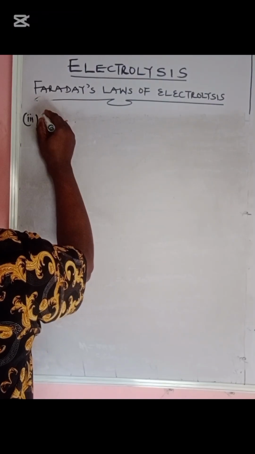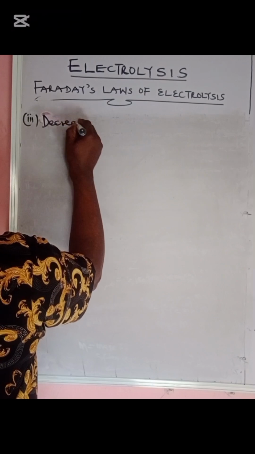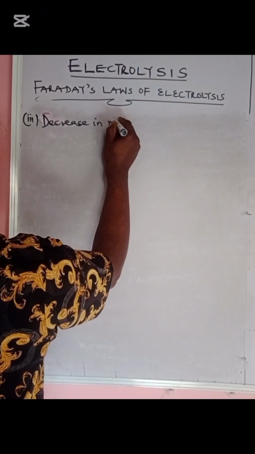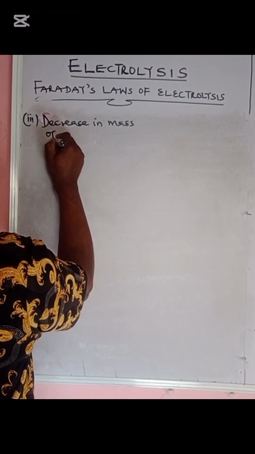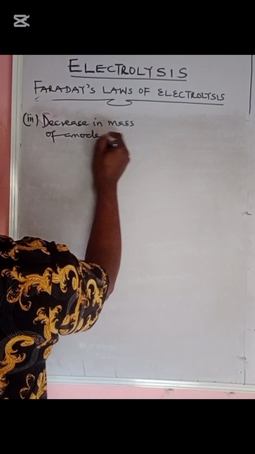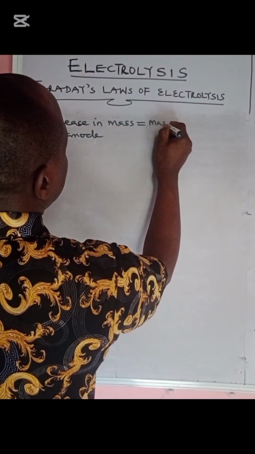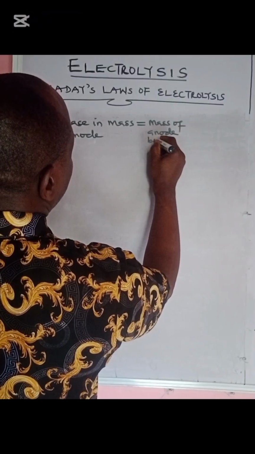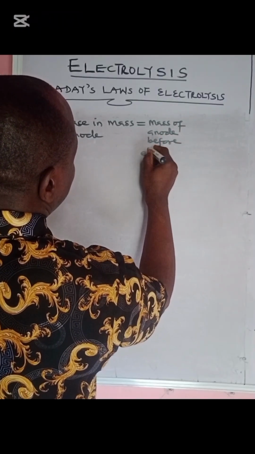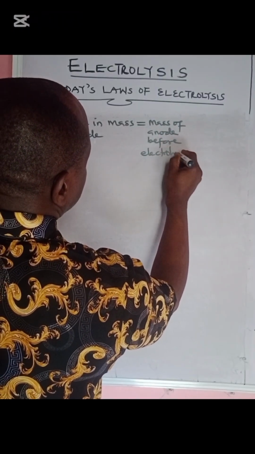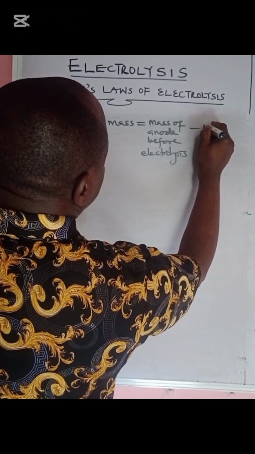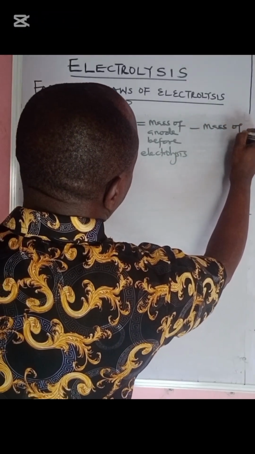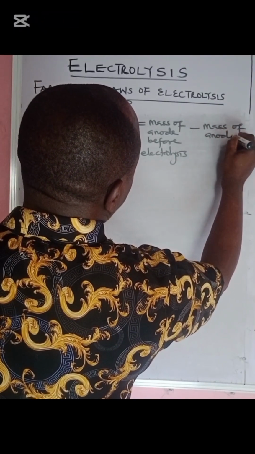Decrease in mass of anode is equal to mass of anode before electrolysis minus mass of anode after electrolysis.